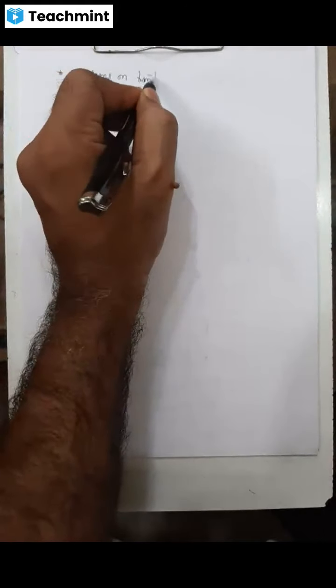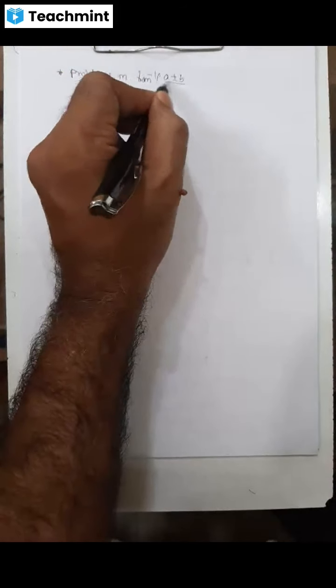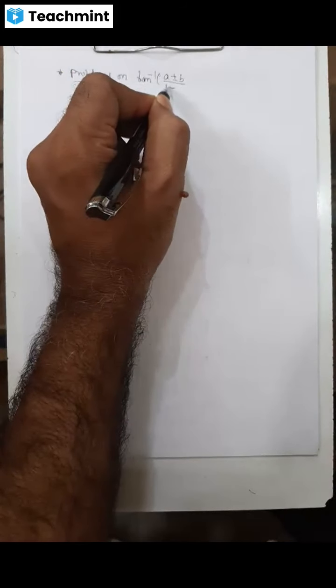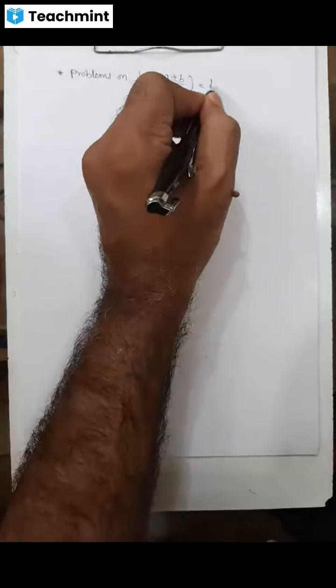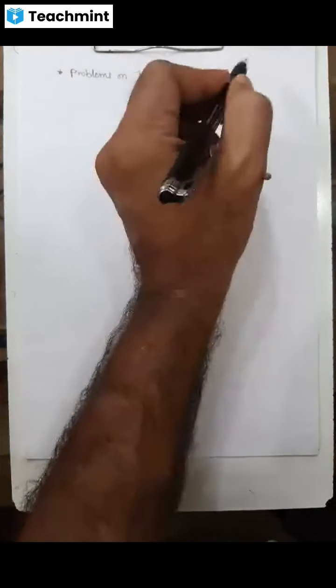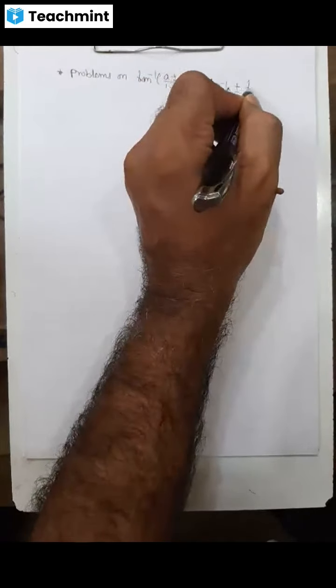Already you know this formula: tan inverse of (a plus minus b) divided by (1 minus plus ab) is equal to tan inverse a plus minus tan inverse b.